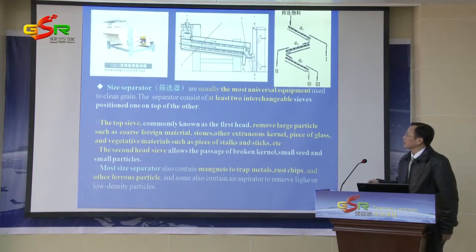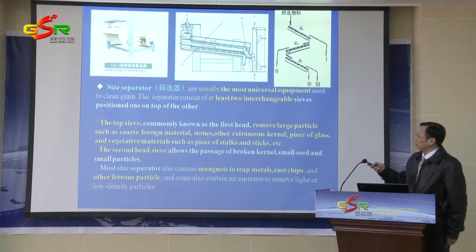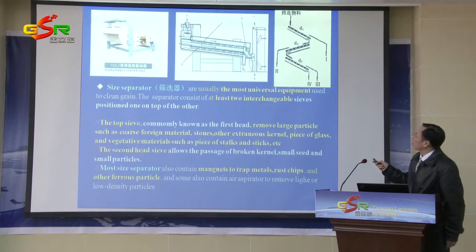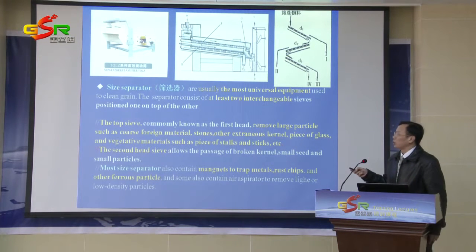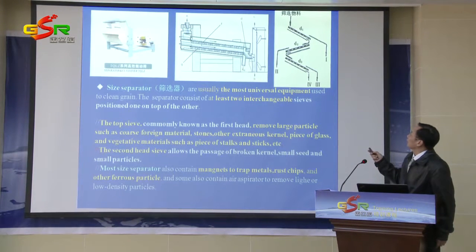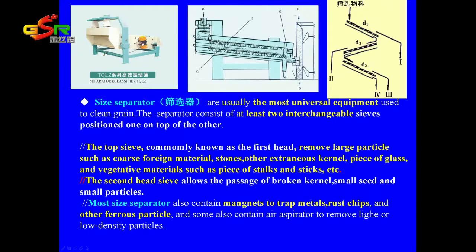This is the sieve separator. Sieve separators are usually the most universal equipment used to clean grain. Generally, the sieve separator consists of 3 layers.